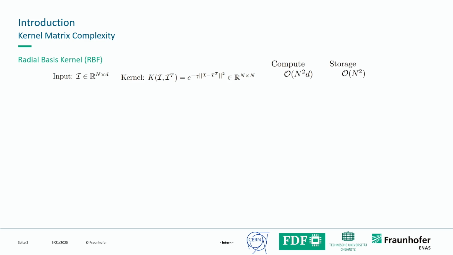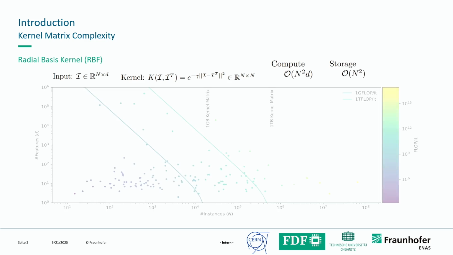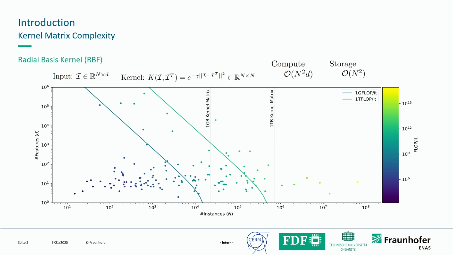To convince you even more, we went to the UCI data sets and pulled all of the regression data sets in there. And we drew them in this diagram, color-coded by the flops you need to construct the kernel matrix. Then we have this line here that tells you how much RAM, or storage in general, you need.